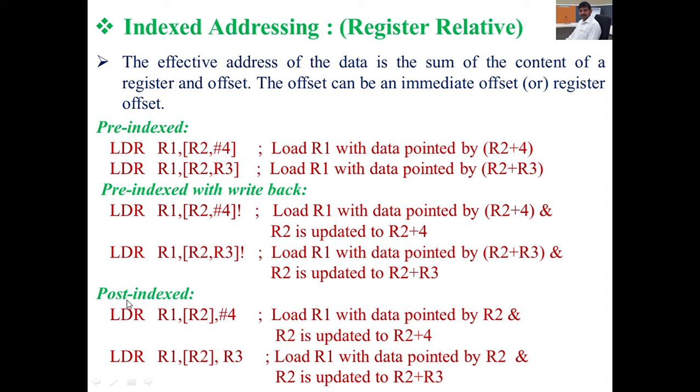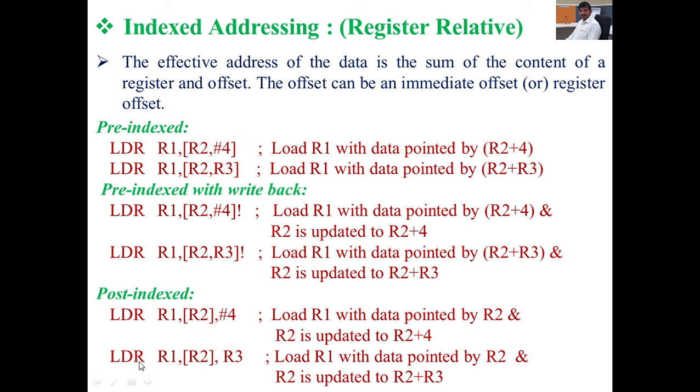Next, post-index addressing mode. Here first load R1 with data pointed by R2, meaning R2 contains the desired data address. That desired data is moved into the R1 register. Then R2 is updated to R2 plus 4.